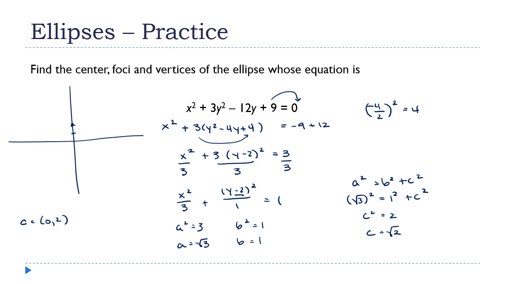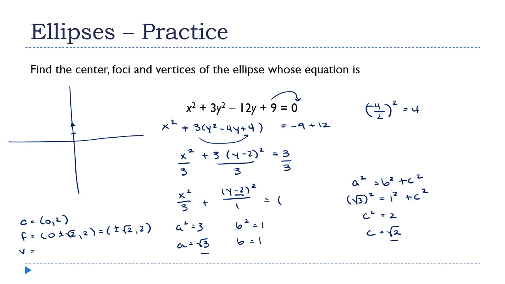Then for the focal points, C is the square root of 2, so I'm going to go the square root of 2 to the side. So the focal points will be 0 plus or minus the square root of 2, comma 2. And for the vertices, I go a units to either side.